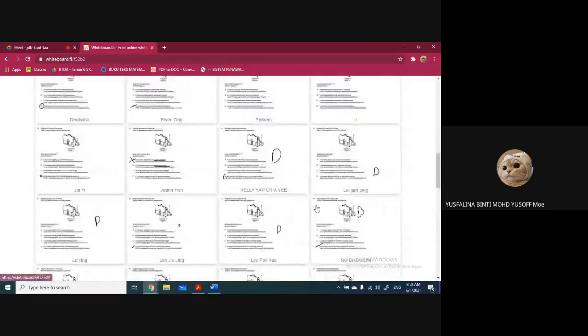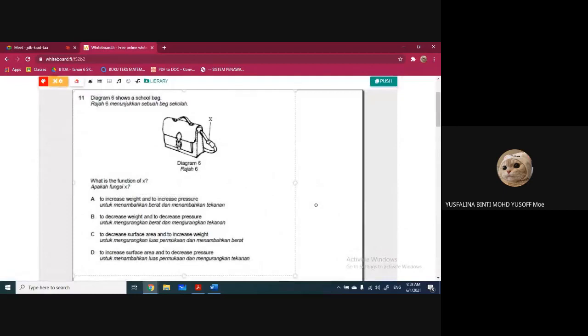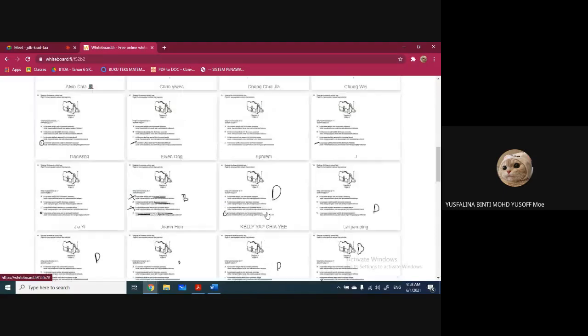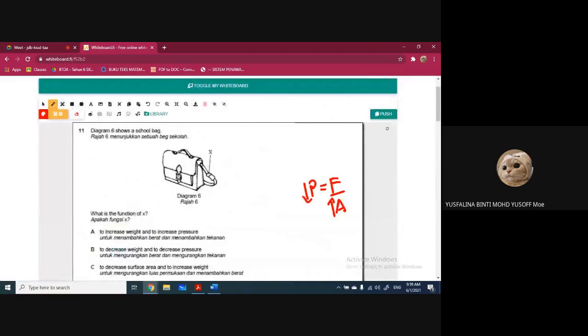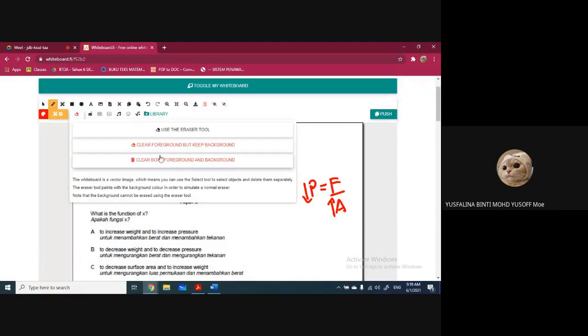So the answer is D. Correct. This one uses the formula P equals F over A. So to increase the surface area is to decrease the pressure. So number 11, the answer is D. Using the formula P equals F over A. Okay, so next questions.